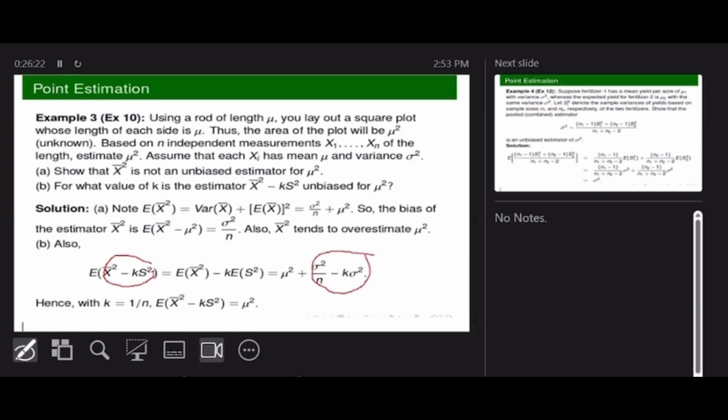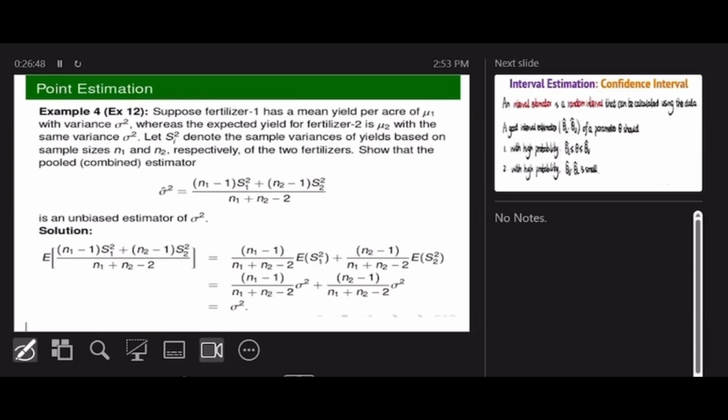If you equate that to 0, then you solve for K. When you solve for K, your K is going to be 1 over n. So which means when K equals 1 over n, then this is what we are expecting. So the estimator now is what you have in the parentheses. Does that make sense? Okay. Now, take a look at this guy, just another example.